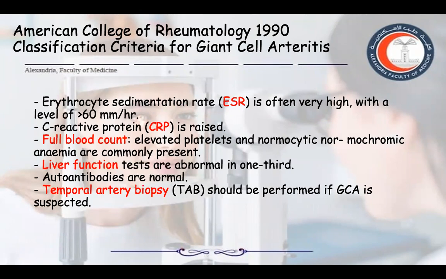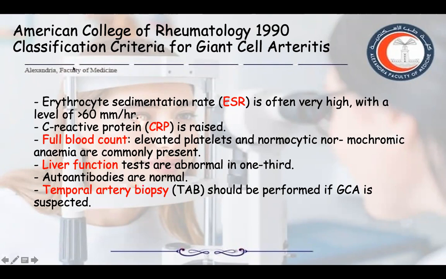We have the American College of Rheumatology, which has set some criteria to help us diagnose GCA. First, the ESR should be at least above 60. CRP, no, sorry, this is not the American College of Rheumatology criteria. I will mention these investigations and then enumerate the American College of Rheumatology criteria.